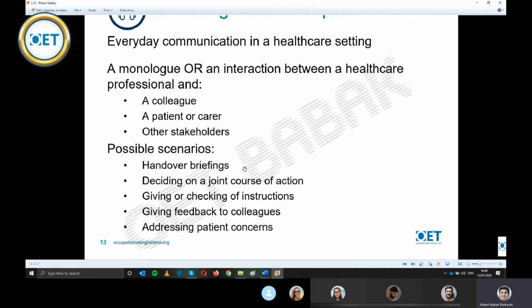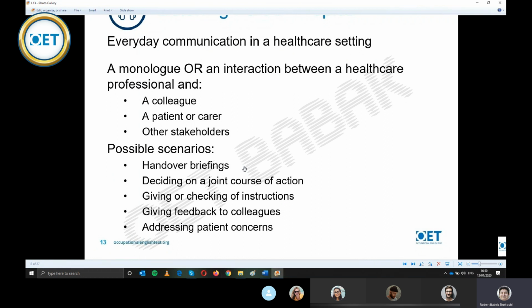So, for example, two junior doctors talking about what we should do for this patient. Giving or checking of instructions, for example what you need to do to obtain venous or IV access.